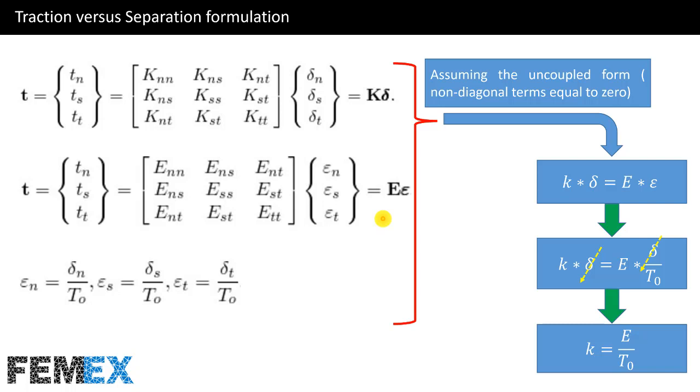And by assuming the uncoupled form of both of the stiffness and elasticity matrices, we can write this equation. And then we have this equation, and finally we obtain this equation. This equation relates the stiffness of the cohesive surface to the Young's modulus of the cohesive element and the initial thickness of the cohesive element.